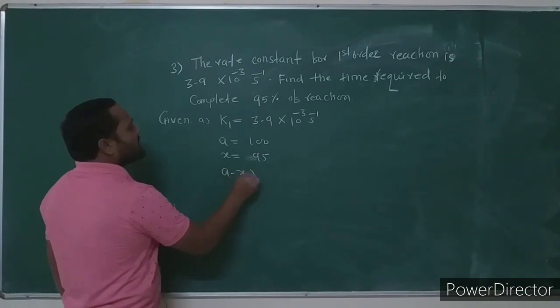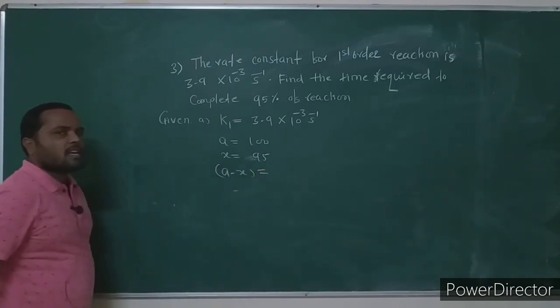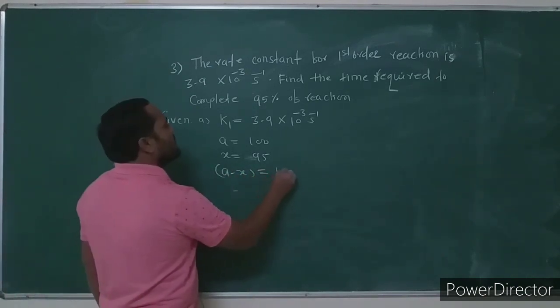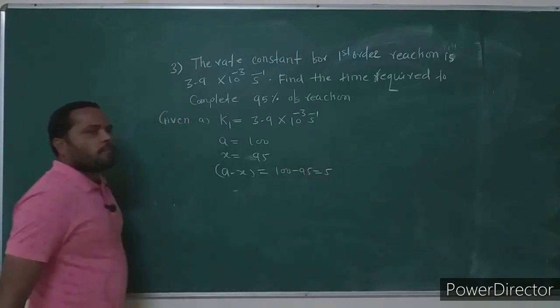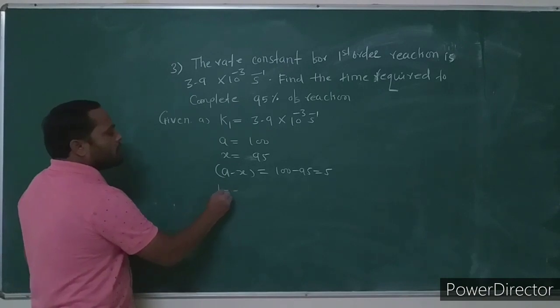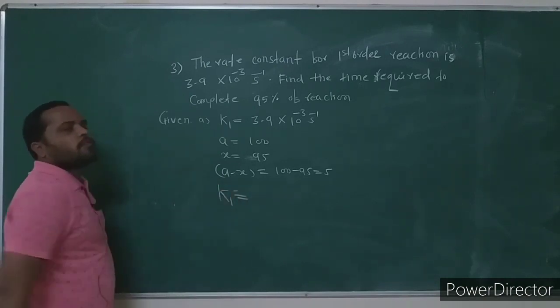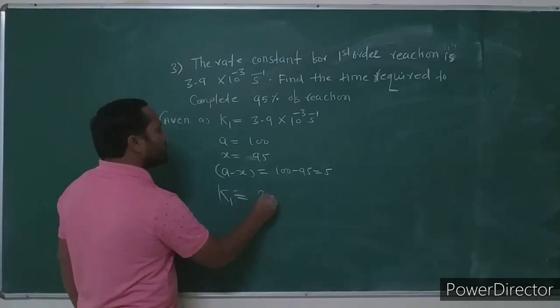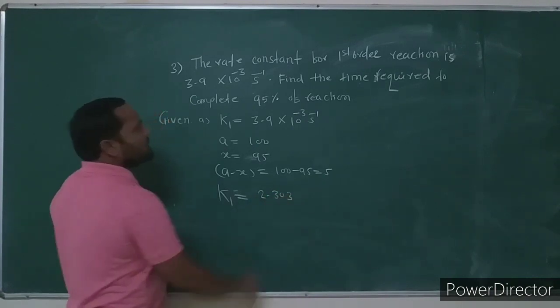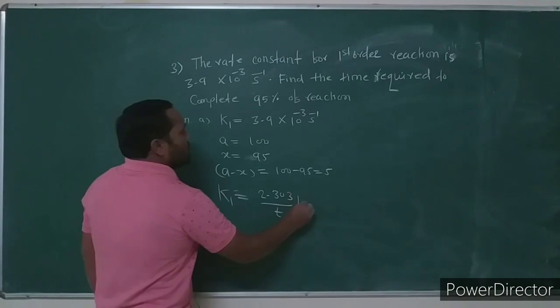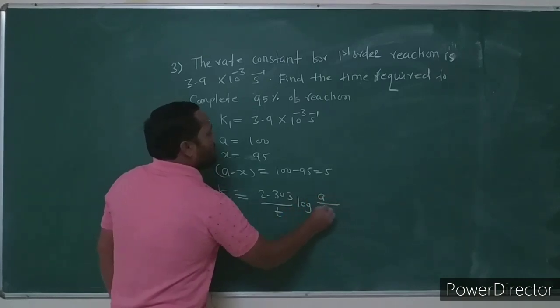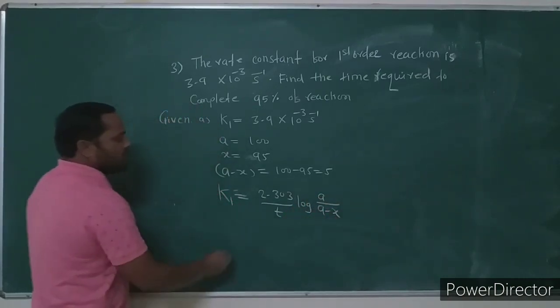Then unreacted concentration is A minus X, 100 minus 95 is equal to 5. Then the rate constant equation for a first order reaction is K1 equal to 2.303 divided by T log A upon A minus X.